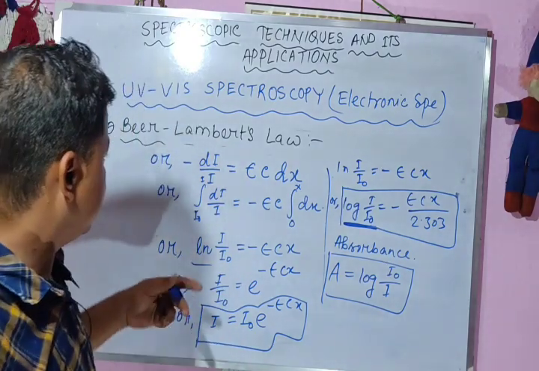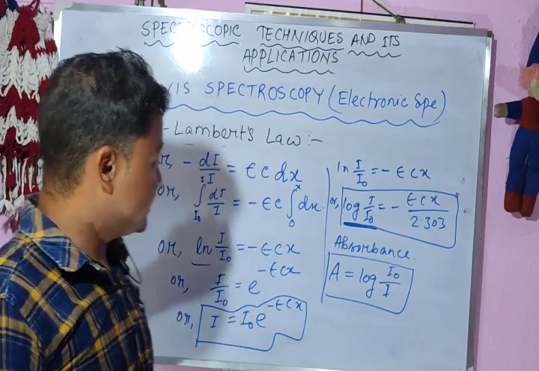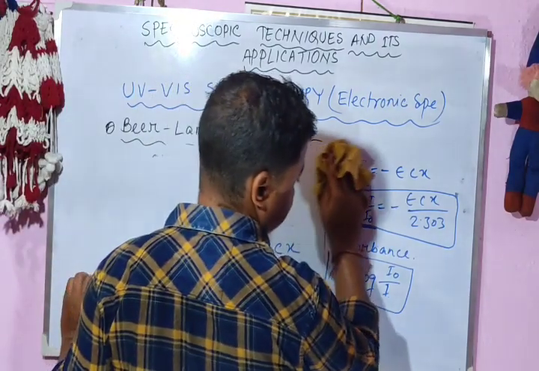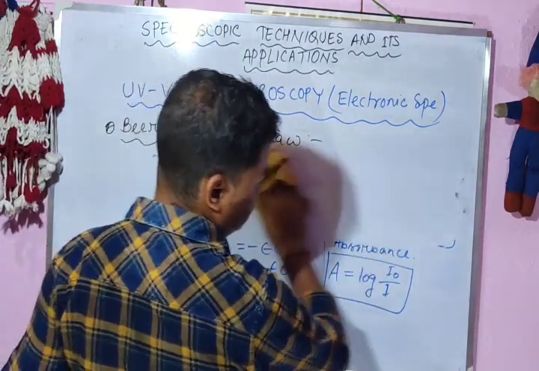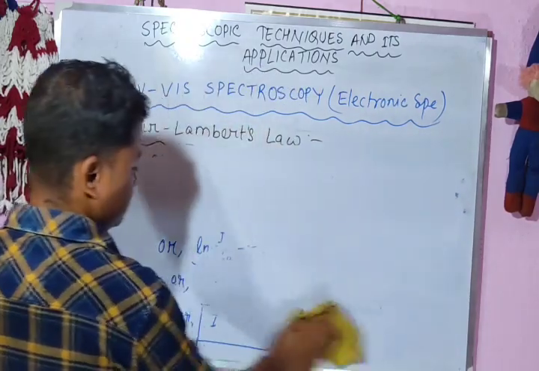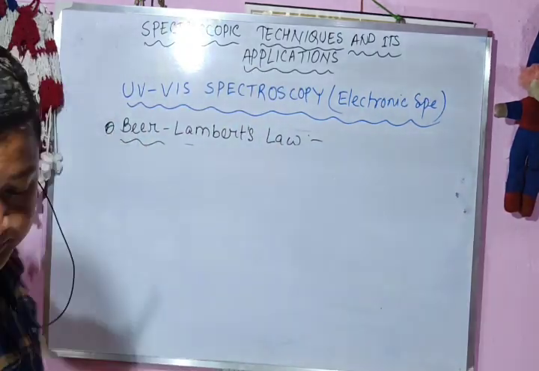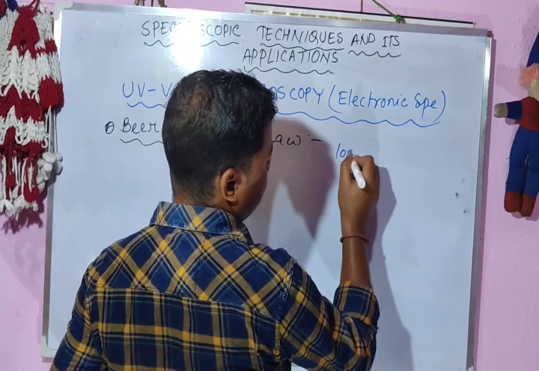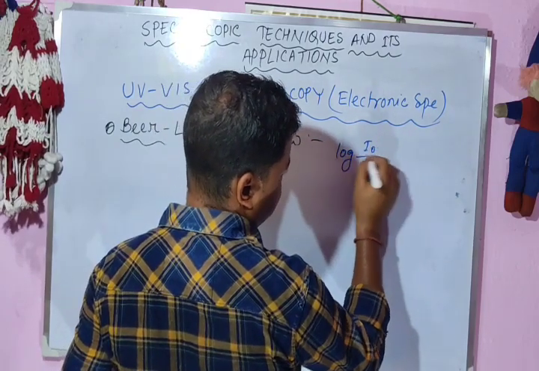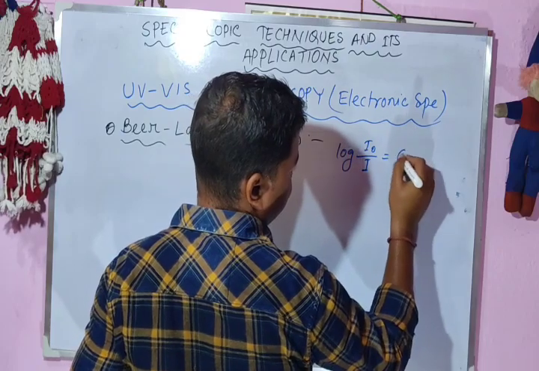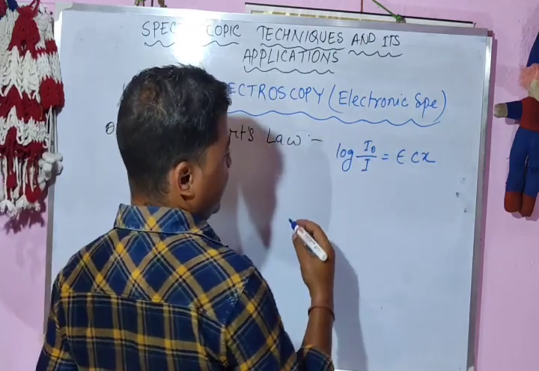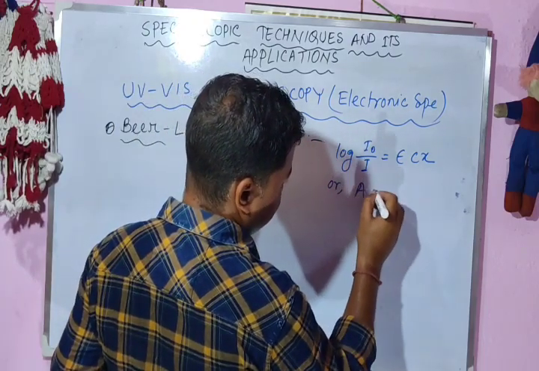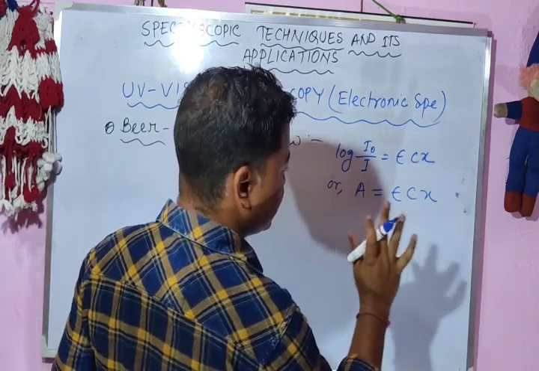So all the expressions: log I0 divided by I equals epsilon Cx. This is the absorbance, or A is equal to epsilon Cx. This is one expression.